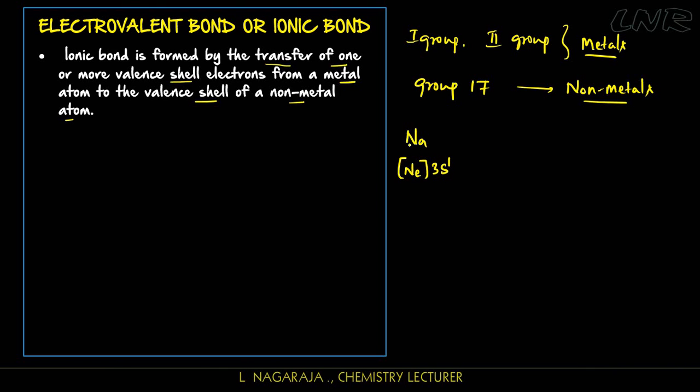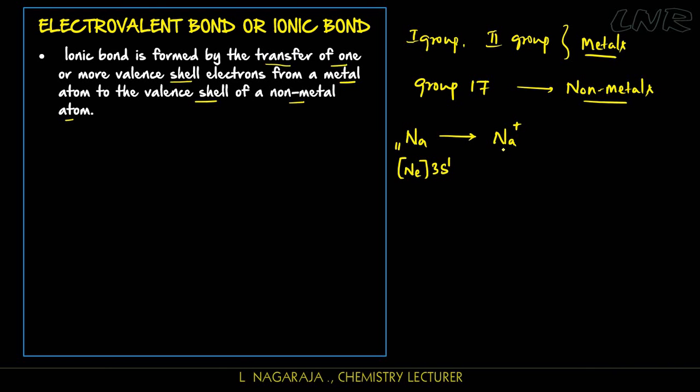It has 11 electrons, and there is 1 electron in the outermost orbital. To attain the noble gas configuration, the loss of 1 electron is easier compared to the gain of 7 electrons. So metals readily lose electrons and it gives Na plus.